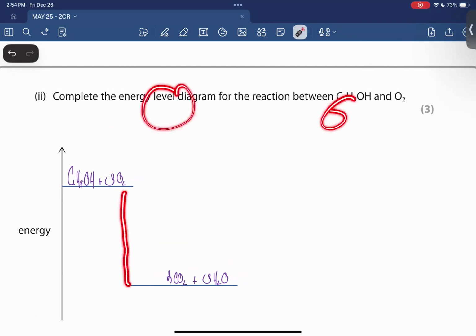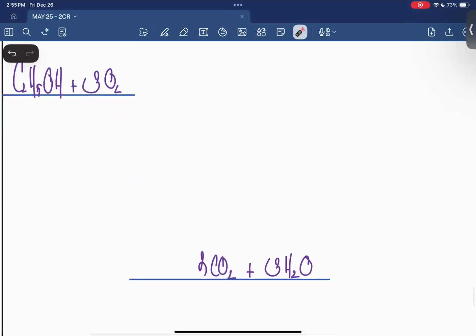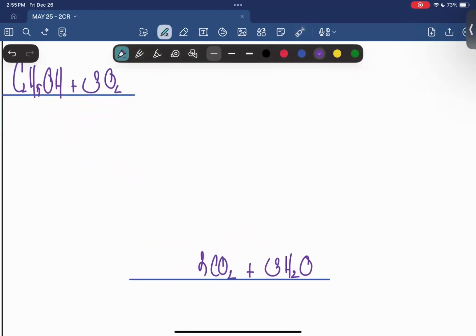The reaction is exothermic, so it should be like this. You basically do not need to show this because they haven't explicitly asked for it. Let me check the mark scheme once more. You basically do not need to show that, but if you want, you could show something like this as well.